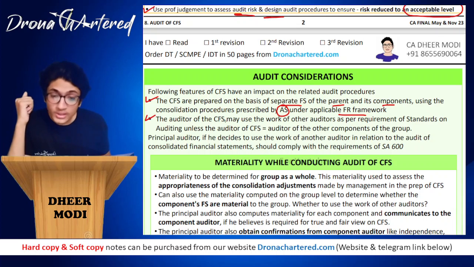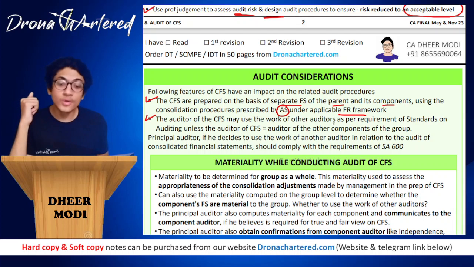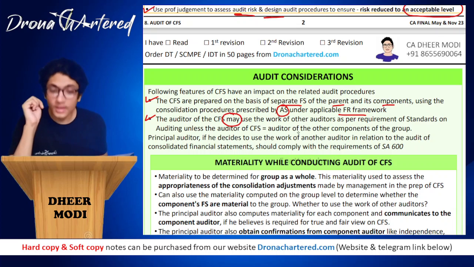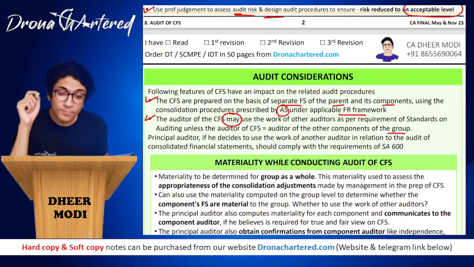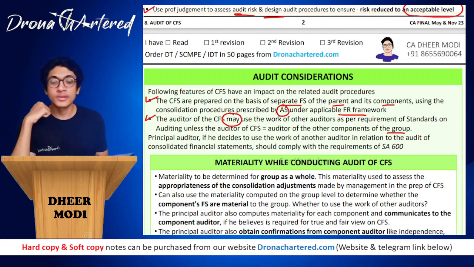Second, the auditor of CFS may use the work of other auditors. The auditor of your consolidated financial statements may use work of other auditors as per requirements of standards on auditing, unless the auditor of CFS is the auditor of other components of the group. That means he himself is the auditor of the other components as well.